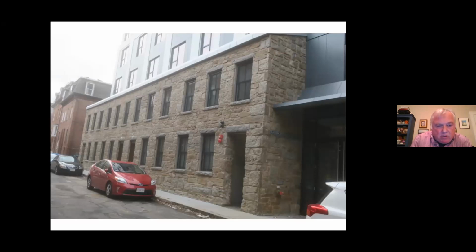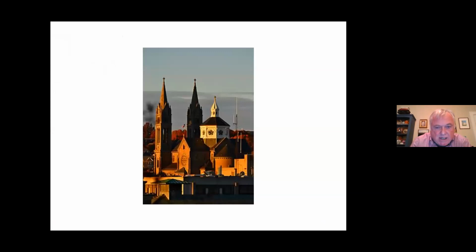When I encountered this group in the mid 80s, when I was doing a Mission Hill survey, this was freestanding. It wasn't like now where it's sort of built into the side of new apartments, but there are 3 groups of these buildings in the neighborhood. They're really interesting to see.